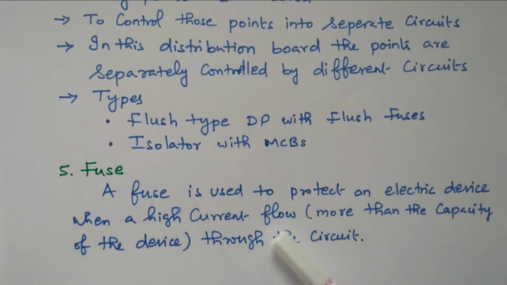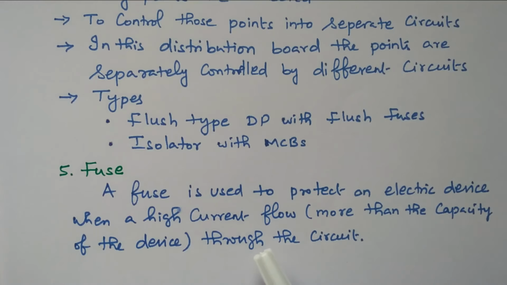A fuse is used to protect an electrical device from a high current flow through the circuit that is more than its capacity. In electrical equipment, if an amount of current more than the capacity of the device flows, the fuse will automatically blow. It will disconnect the equipment from the supply for protective purposes.